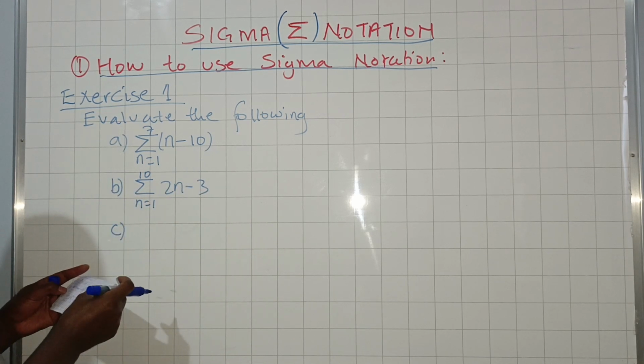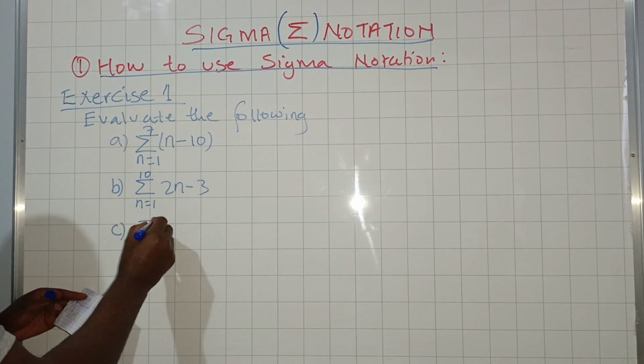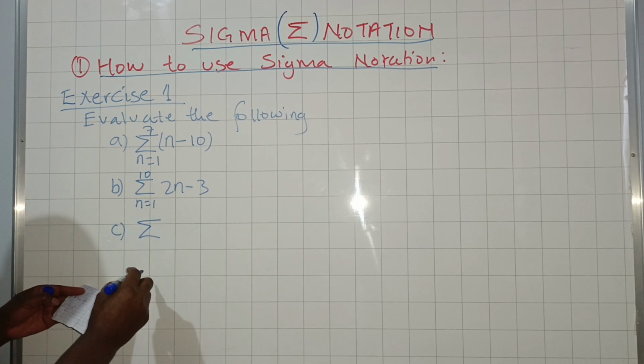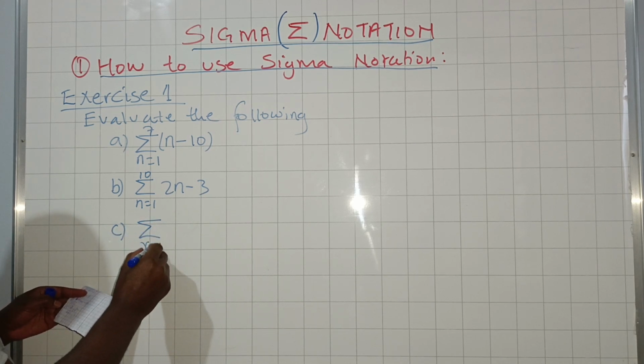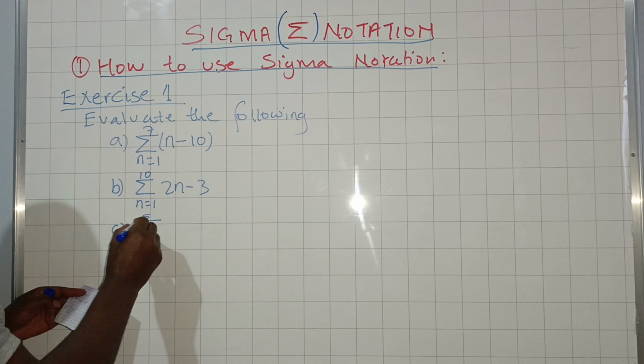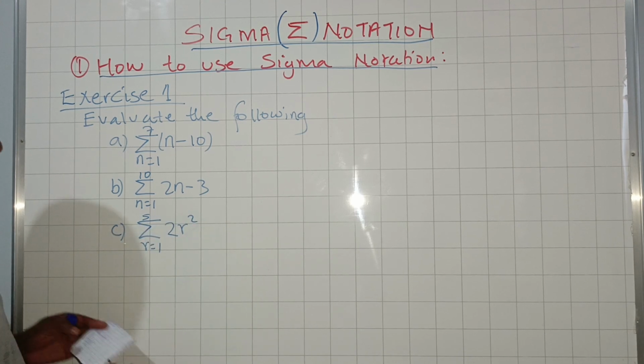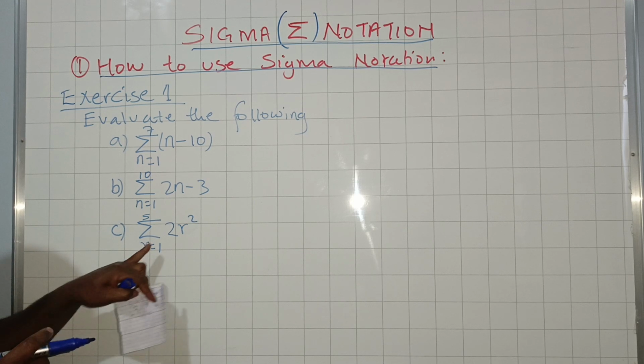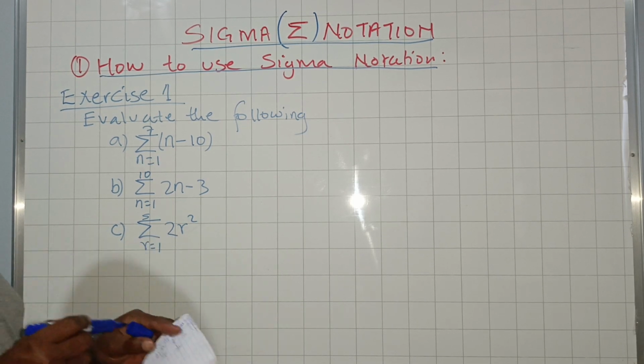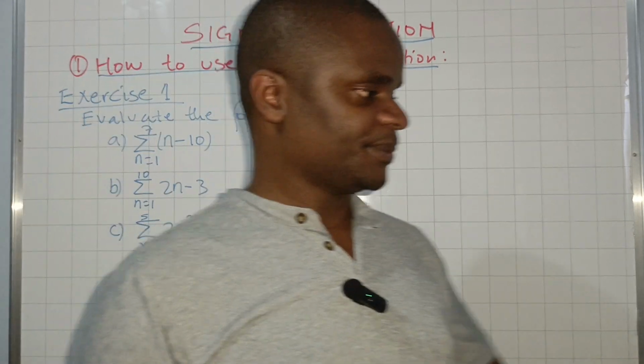Then lastly C, I'm going to have the summation from r equals 1 to 5 of 2r squared. So you can see here, this is r and this is r. That's how it goes.